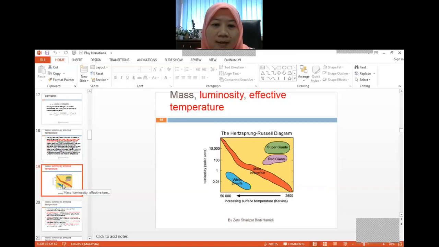It shows how stars evolve, which takes millions to billions of years, and it is based on the mass of the stars. If the star is low mass, then certain categories might evolve compared to massive stars.